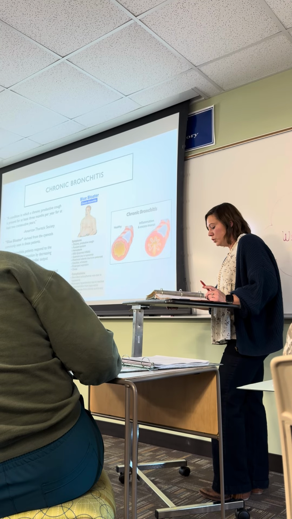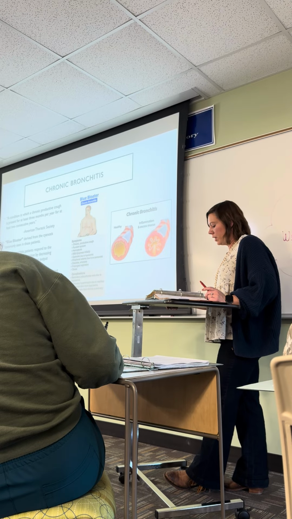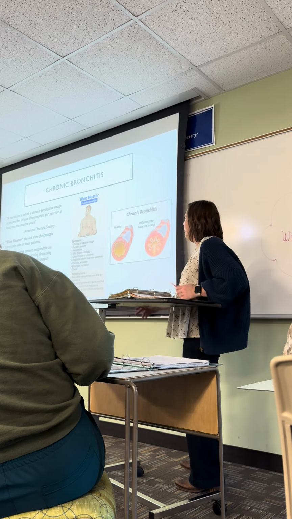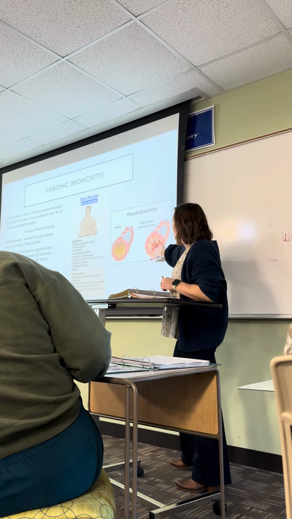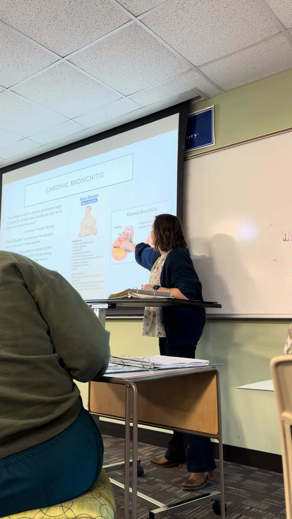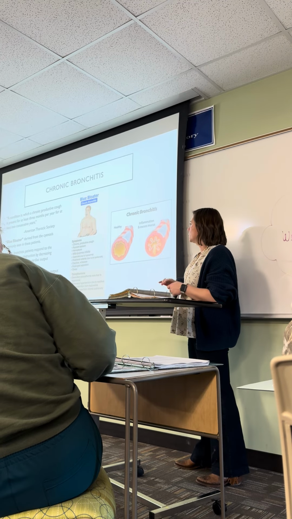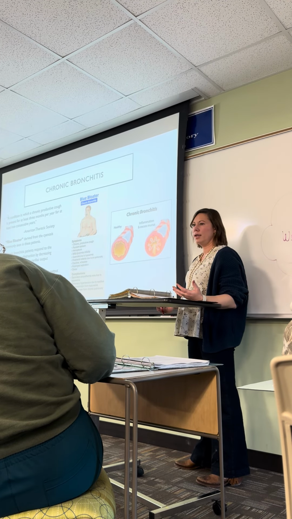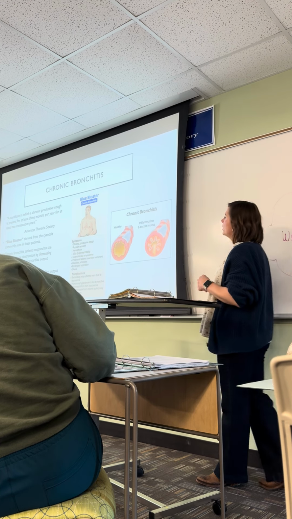So blue bloater is derived from the cyanosis commonly seen in these patients. So they are chronically hypoxic because they are our CO2 retainers, right? If you look here, we have our nice, beautiful, healthy airway. And with our chronic bronchitis, we have that inflammatory response from those chemicals that they're inhaling, or dust particles they're inhaling, whatever it is that's causing it.